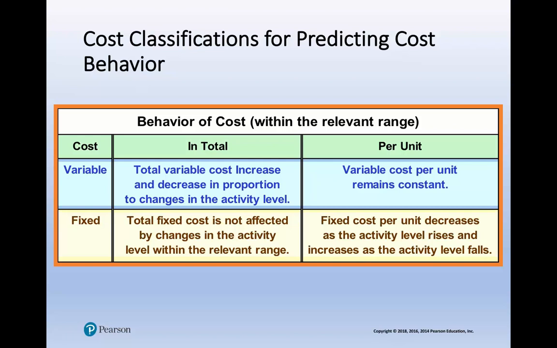So our relevant range is as long as we stay under 5 roommates, we're paying $1,000. If it's just us renting the apartment, we pay $1,000. But if we add a second roommate, we're now only paying $500 each. Landlord still gets $1,000. If we add another roommate, $300 or so each, and so on.